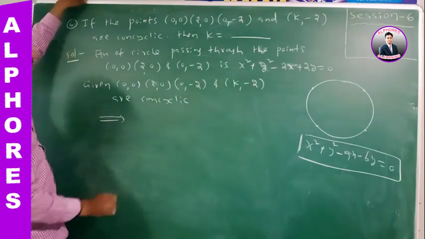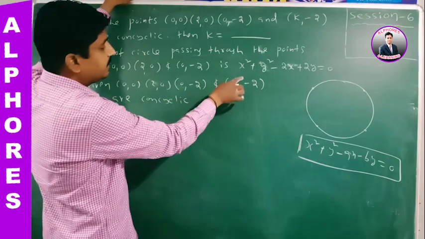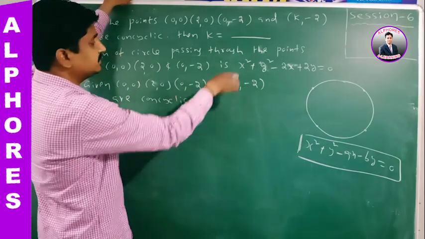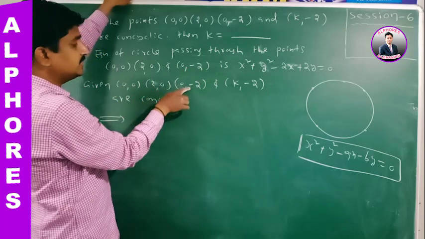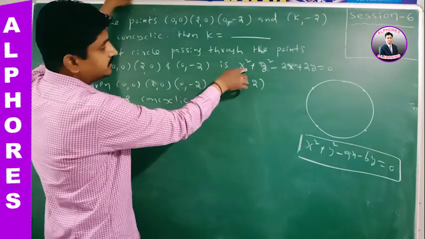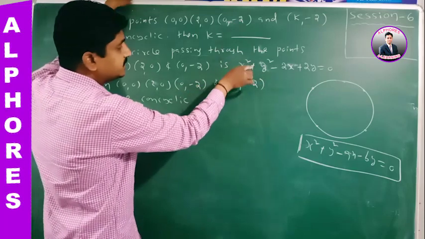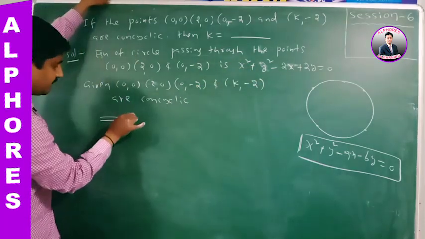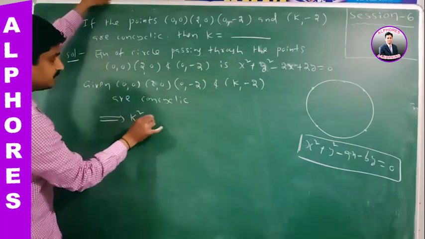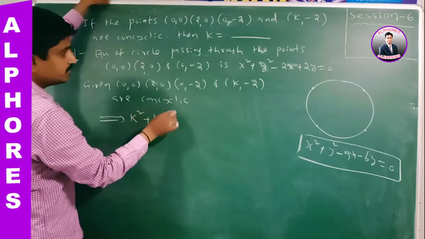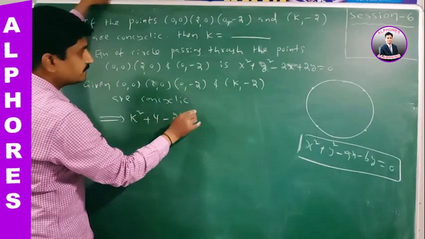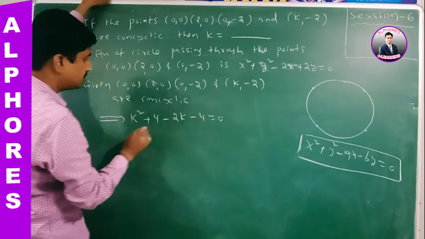Therefore, k, -2 must satisfy the equation of circle passing through these 3 points. Therefore k, -2 must satisfy this equation. Therefore k square plus 4, next minus 2k minus 4 equal to 0.